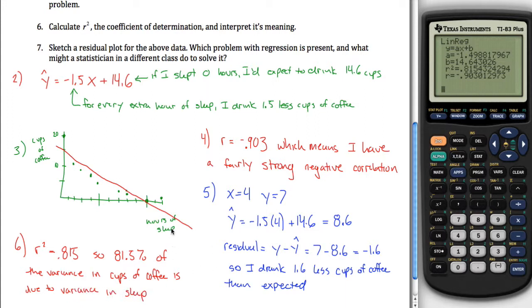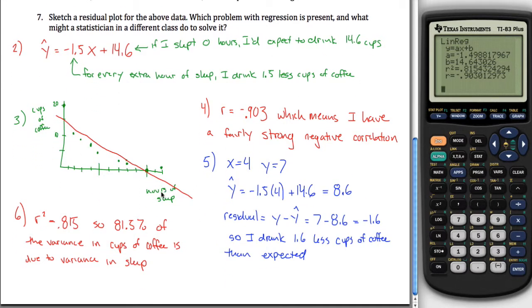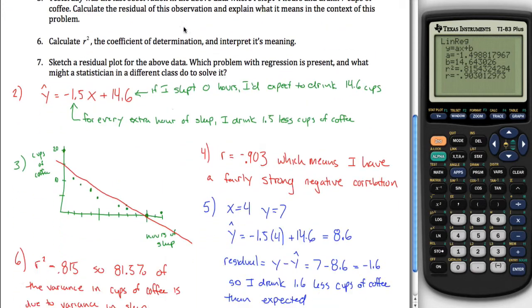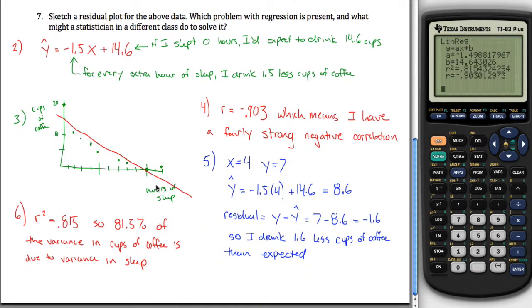In other words, there's a lot of things that determine how many cups of coffee I drink, but one of the things is how much I slept the night before. That's a pretty big factor, 81.5% of how much variance I have in cups of coffee. There's a lot of variance. Look at cups of coffee. One day I drink 0, one day I drink 20. A lot of variance going on there, but 81.5% of it is due to how much I slept.